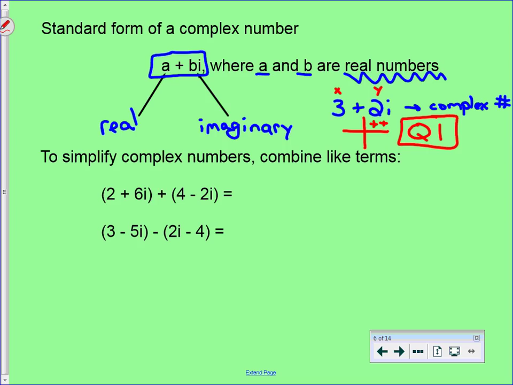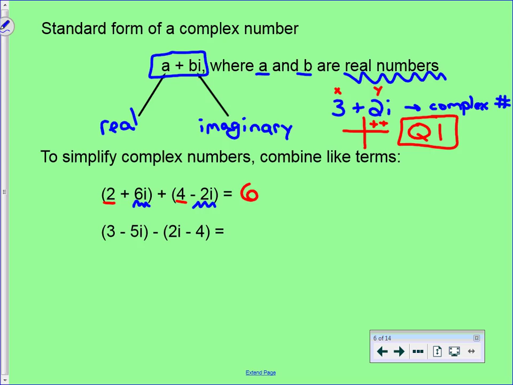So if we're trying to combine like terms by simplifying with adding and subtracting, we're just looking for whatever like terms we have. In this case, we have a 2 plus 6i that's being added with a 4 minus 2i. We're going to add together the real parts first, the 2 plus the 4. So we end up with a 6. Now we need to do the exact same thing with our imaginary numbers. 6i is no different than saying 6x in this case, and negative 2i is no different than saying negative 2x.